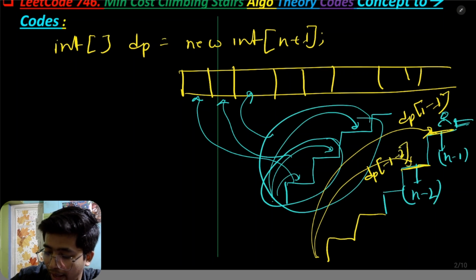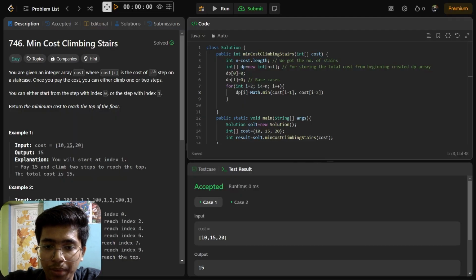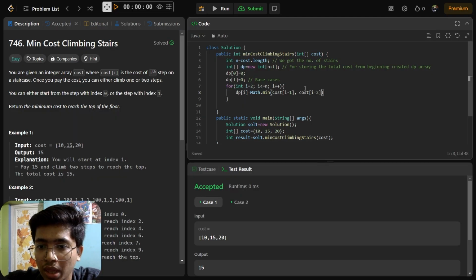We also have to add it, and the minimum sum will give us the result. So this is cost of i minus 1 plus dp of i minus 1, and cost of i minus 2 plus dp of i minus 2.